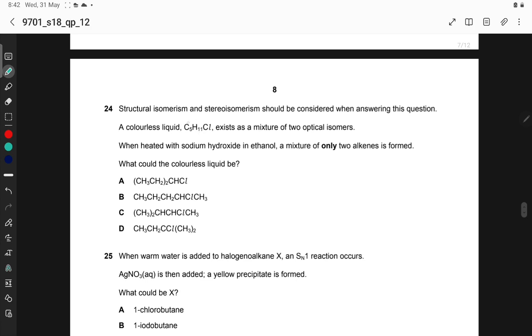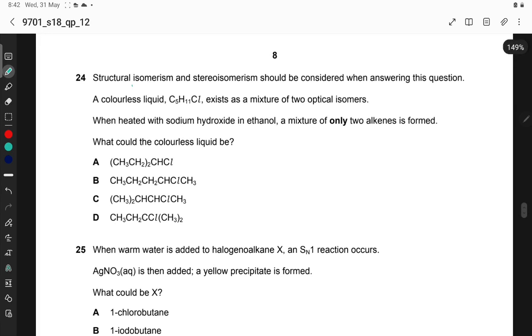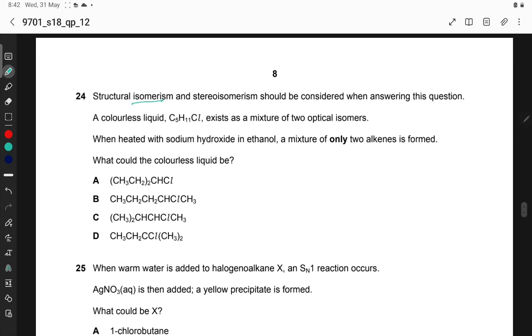Question number 24. Structural isomerism and stereoisomerism should be considered when answering this question.